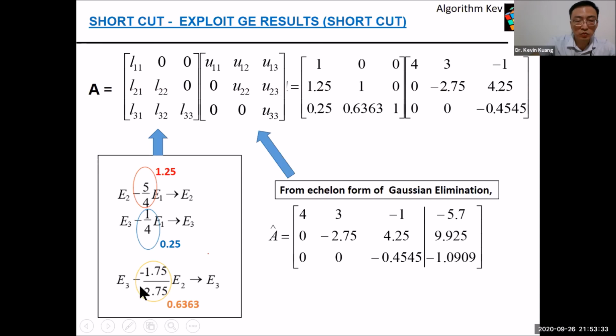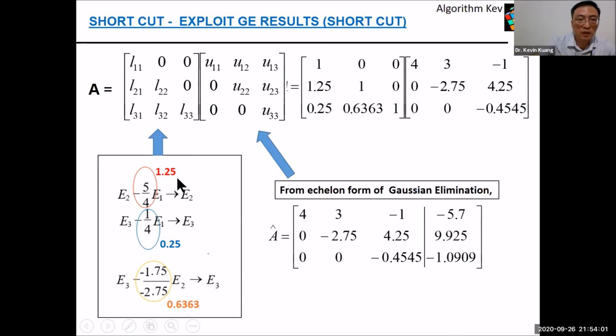And then the last ratio, where we try to make this number 0, the ratio was 1.75/2.75. Okay, so you can see that these three numbers were actually obtained as a result of trying to get to the echelon form in the Gaussian elimination process.